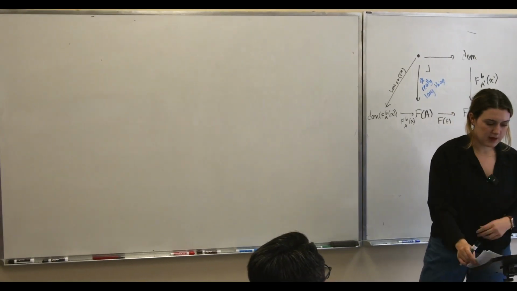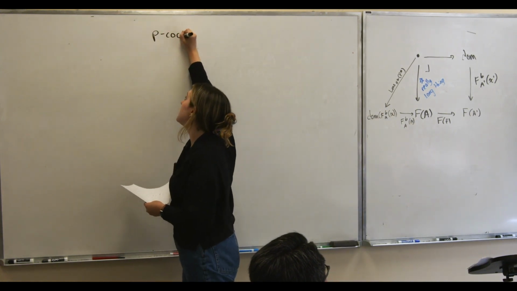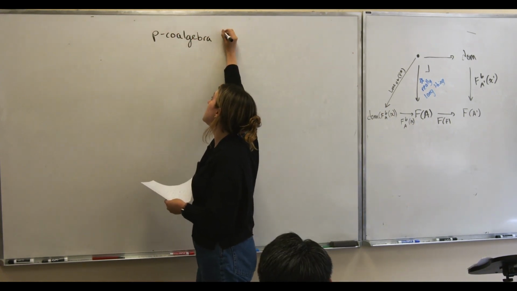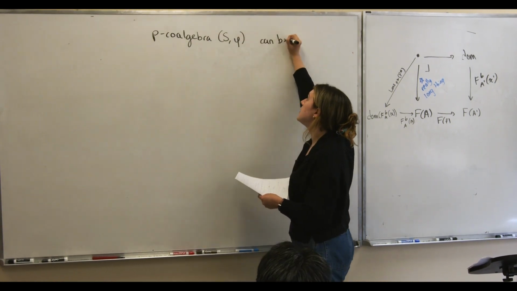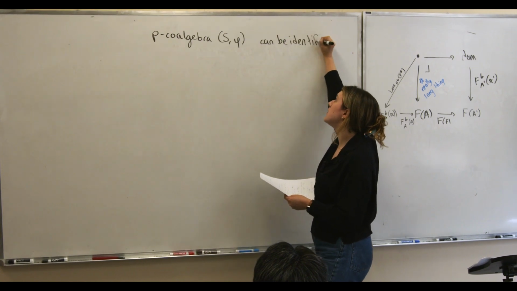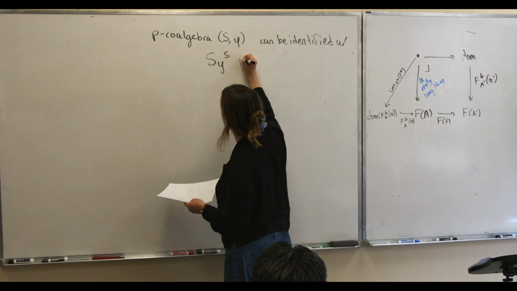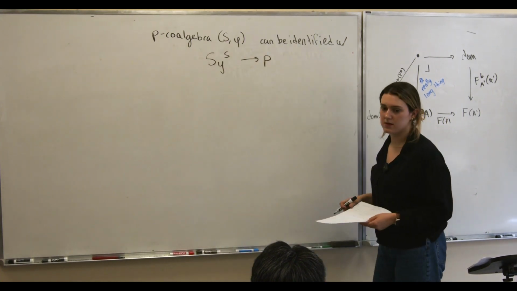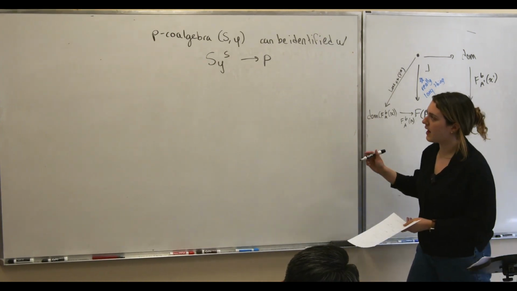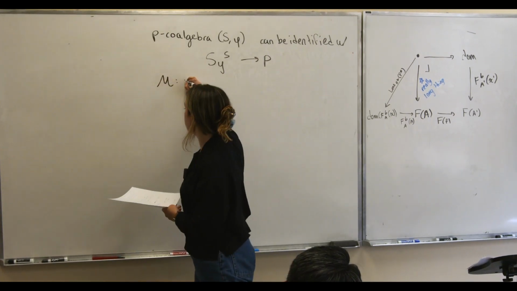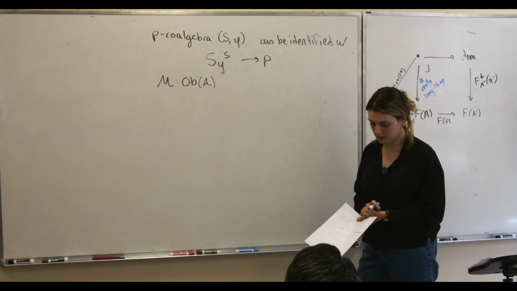Okay. So the first fact is that a P coalgebra S phi can be identified with a morphism of polynomials from sy to the s to p. So we're going to let M be some object in A. We can think of this as being a parameter space.